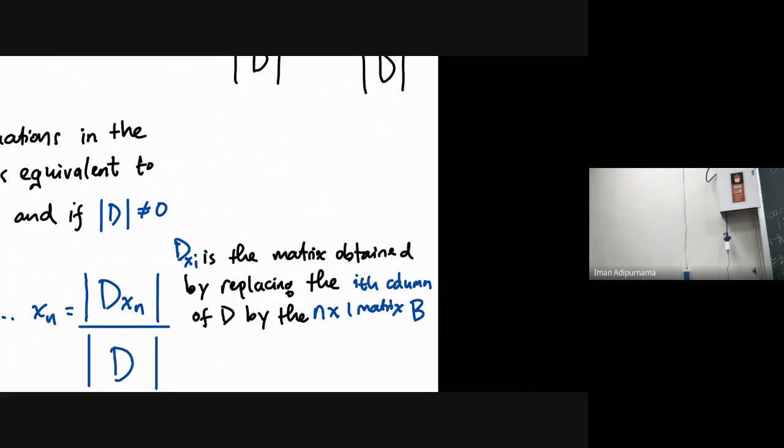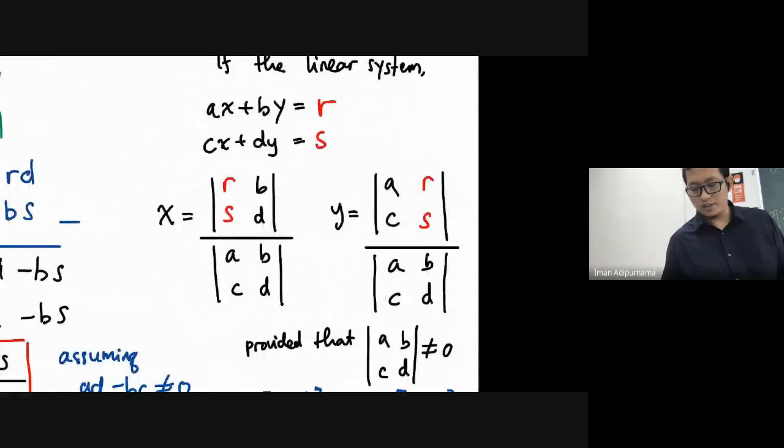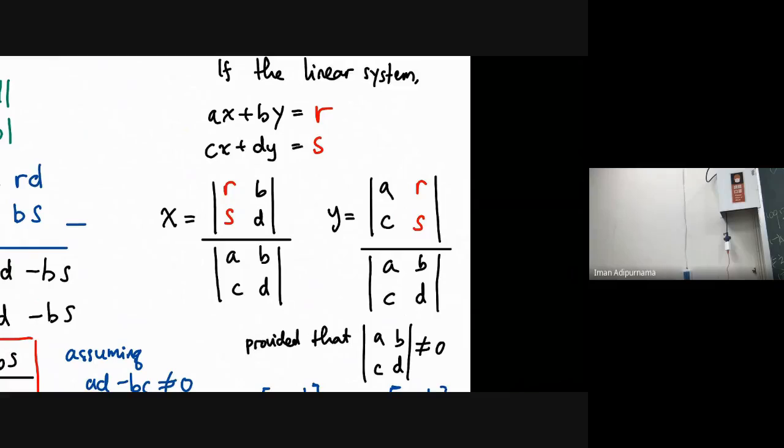So it depends on which column, meaning whether it's x, y, or z. That's the definition of Cramer's rule. So let me go back here. The idea is just replacing; this is the determinant, but to distinguish between x, y, z, we just need to exchange the column.